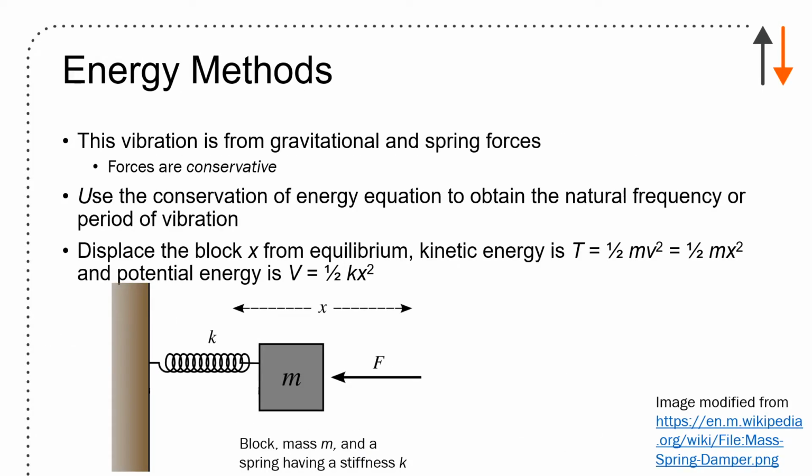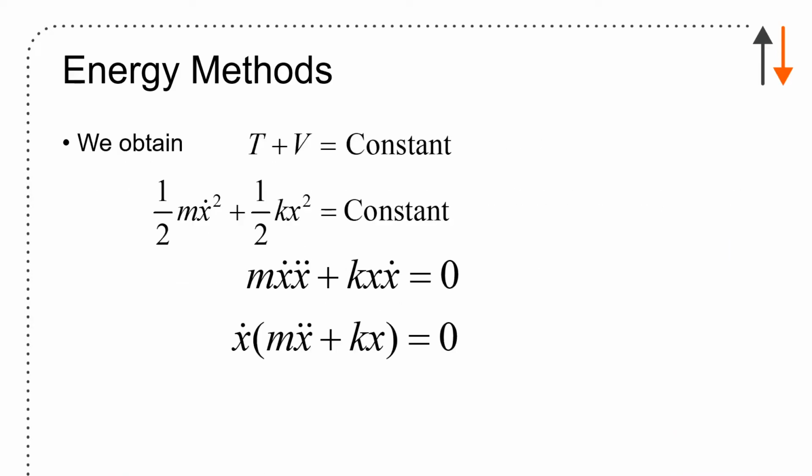Energy methods: vibrations from gravitational and spring forces. Forces are conservative, and you again can use conservation terms, and this is not my favorite way to approach these problems. But you know that the displacement is going to be at a constant energy level, where T, the kinetic energy, is 1/2 m v squared, so here x dot squared, and V is equal to 1/2 k x squared.